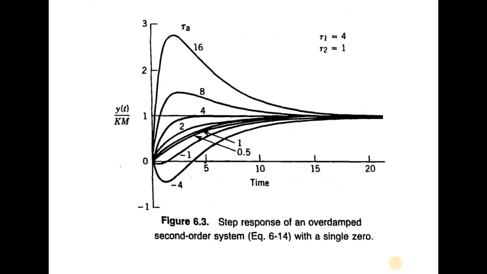Here is a very nice figure that shows us the effect of all things together, the zeros and the poles and so on. I have tau 1 equal to 4 and tau 2 equal to 1. I will write that because it's not clear: 4s plus 1 equals 0, so s equals minus 0.25, and s plus 1 equals 0, which means s equals minus 1.